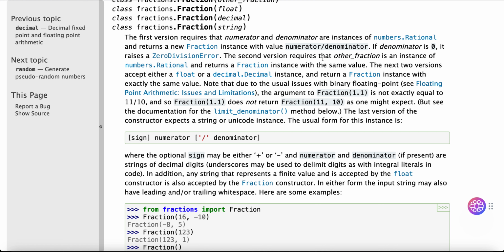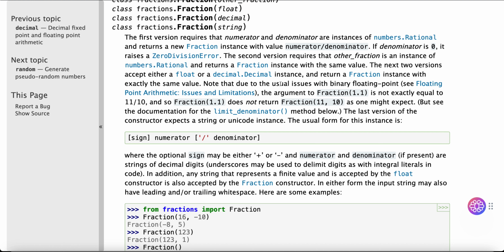The second version requires that other_fraction is an instance of numbers.Rational and returns a Fraction instance with the same value. The next two versions accept either a float or a decimal.Decimal instance and return a Fraction instance with exactly the same value.